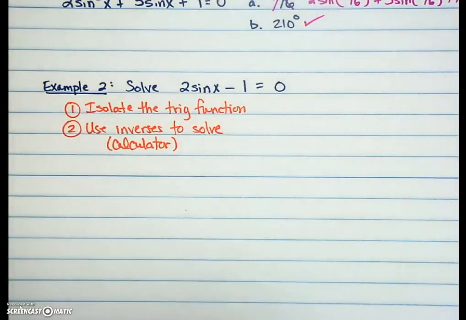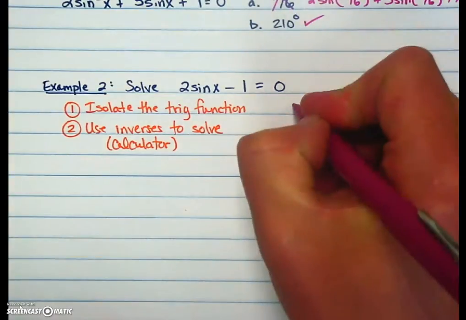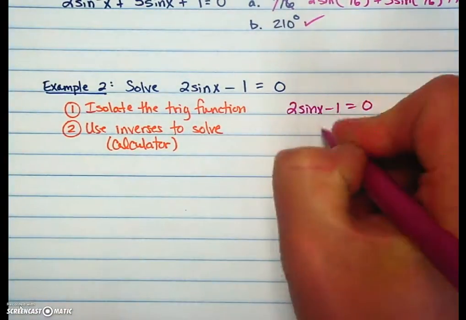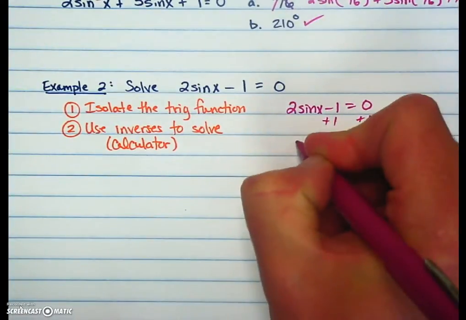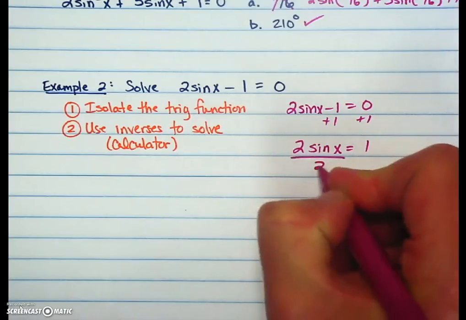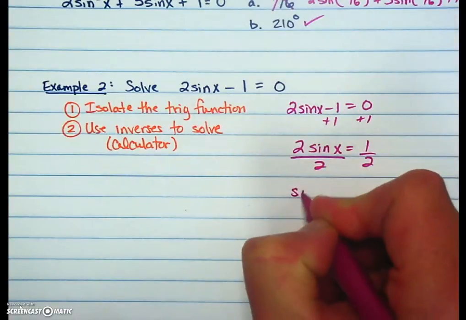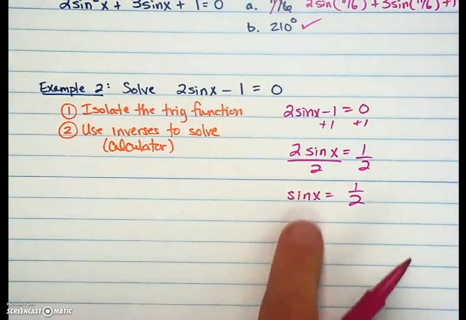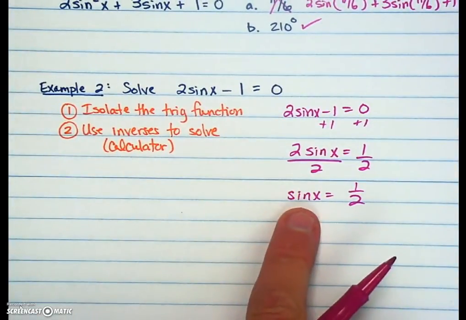So, in looking at this problem, 2 sine of x minus 1 equals 0, I'm going to add 1. That gives me 2 sine of x equals 1, and then I'm going to divide by 2. And I get the sine of x equal to 1/2. So I've isolated the trig function.